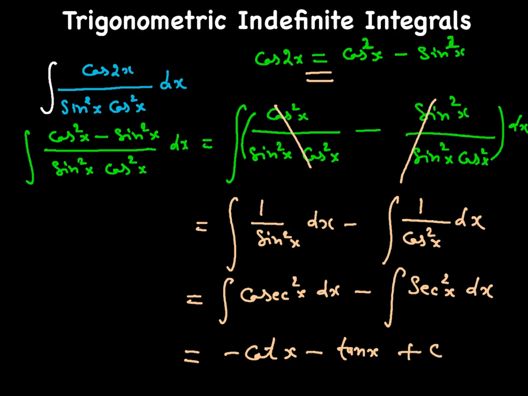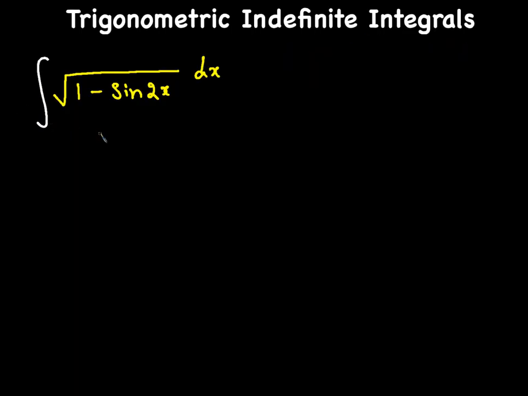Okay, let's do one more. I've got the integral of square root of 1 minus sine 2x dx. Okay, so I'm going to use two different identities over here.